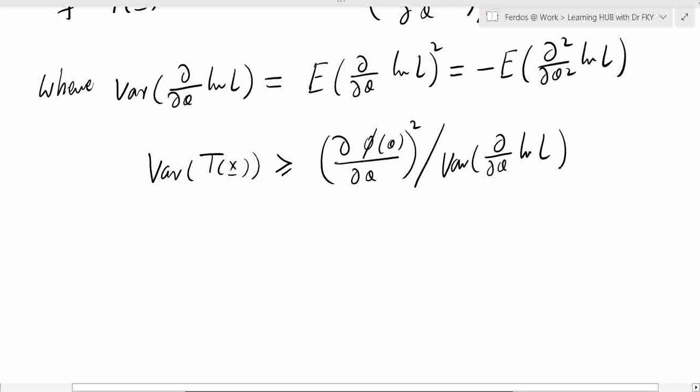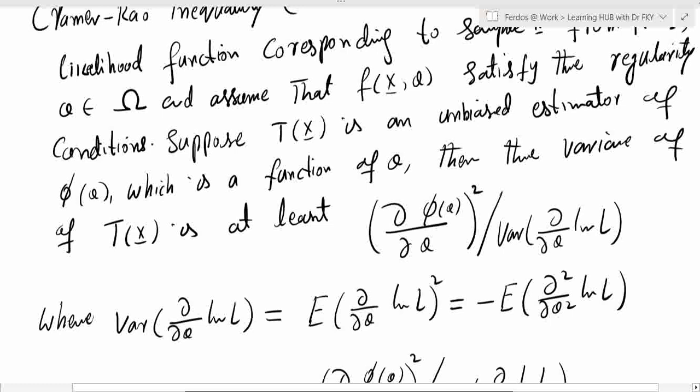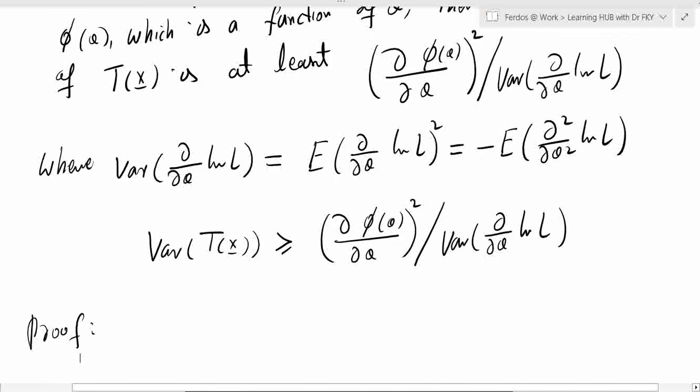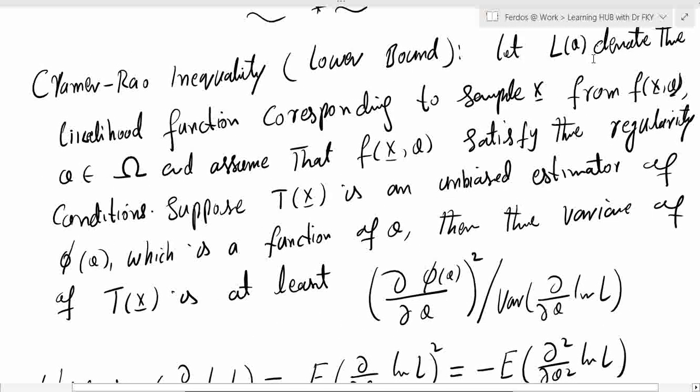Let's start the proof. I hope you understand the statement. Let's see once again what the statement says. Whenever I have an inequality or lower bound, we can select L theta to denote the likelihood function corresponding to sample x from some distribution f of x theta.